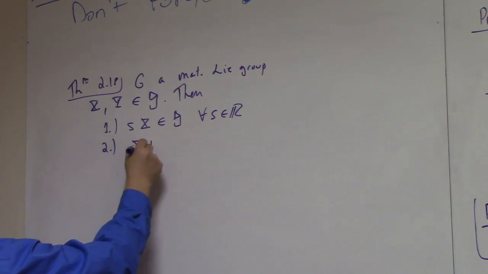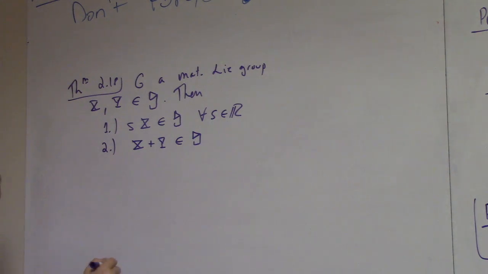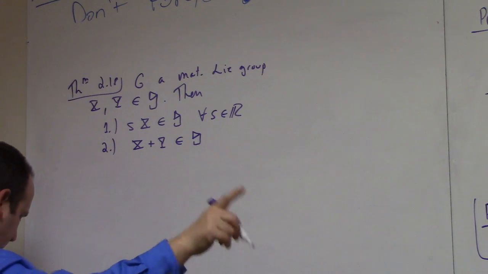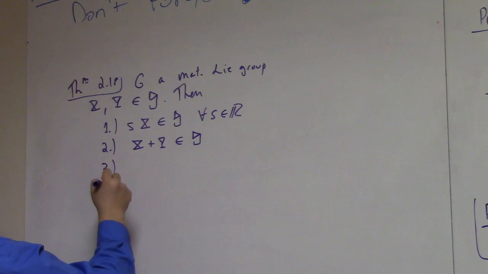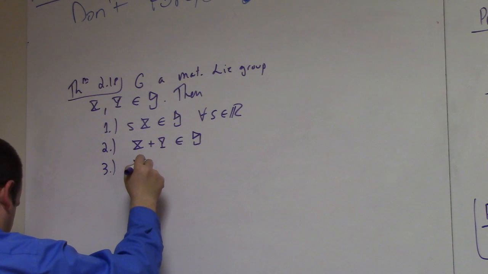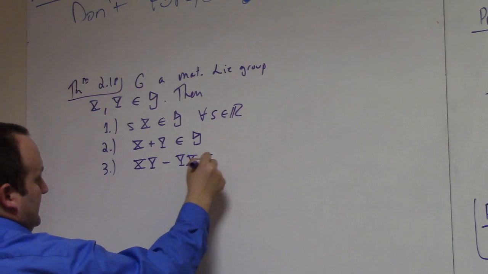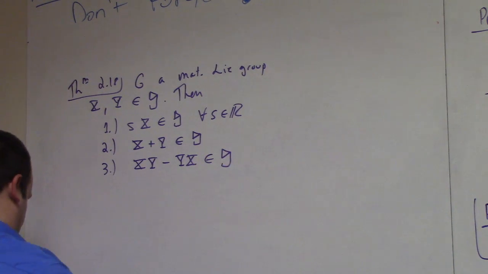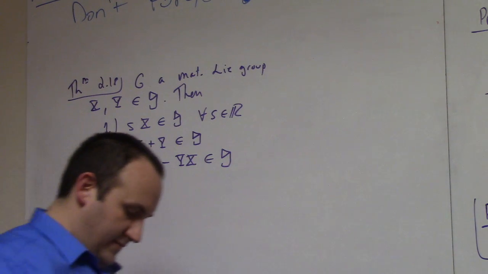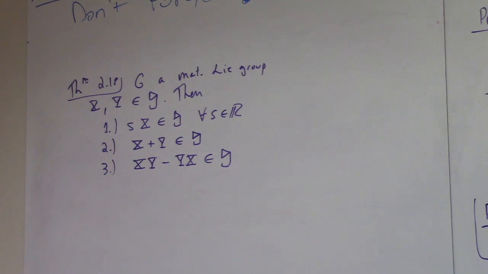Two, X plus Y is an element of frak G. Three, and this is where the more abstract Lie algebra gets started, XY minus YX is an element of frak G. That has not so much to do with the vector space structure, but property 3 shows that frak G is a Lie algebra in the abstract sense, which is defined in a future section.